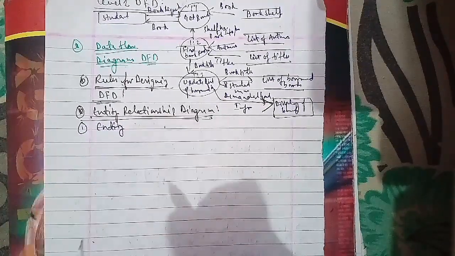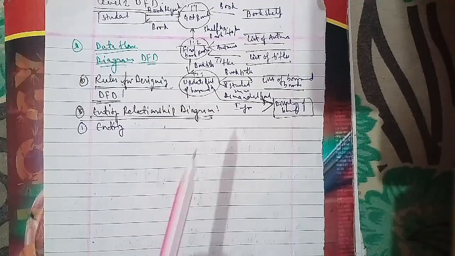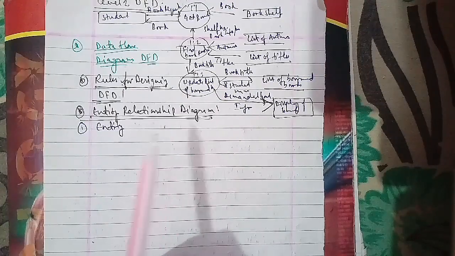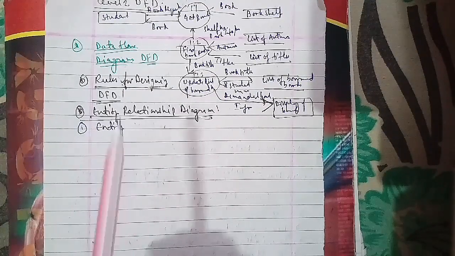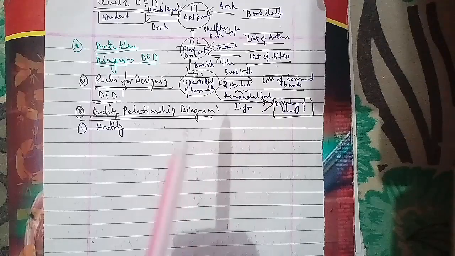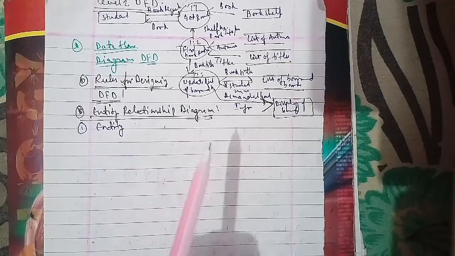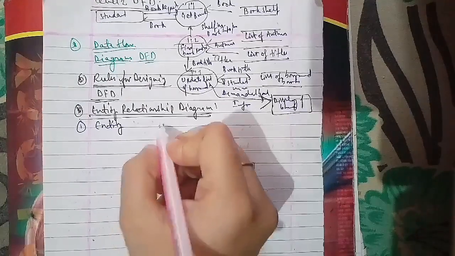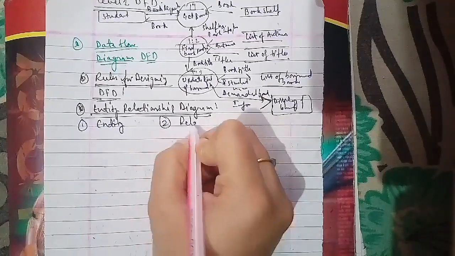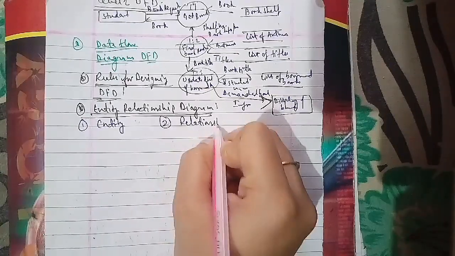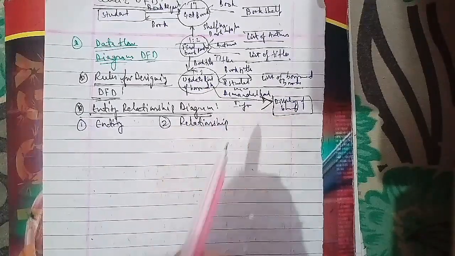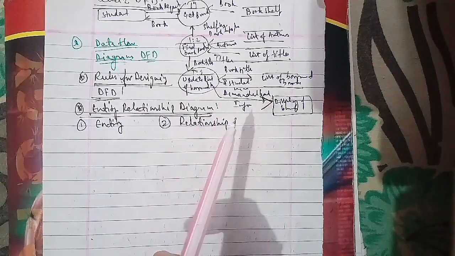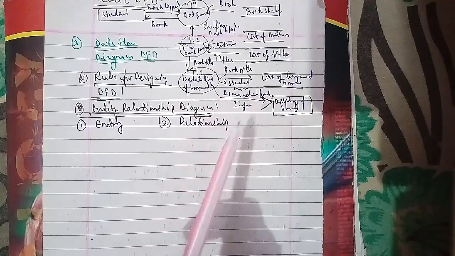This is a relationship, this is also an entity, this is an attribute, this is a relationship, this is an entity, attribute, and of course attribute. Okay, this is the ER diagram that we have to discuss here.